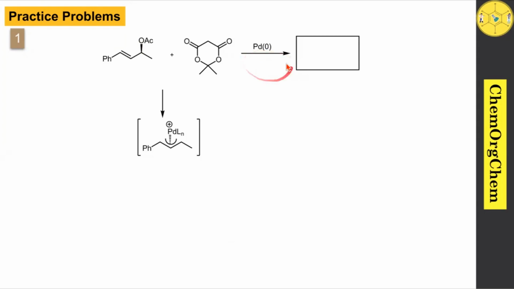Here they didn't mention any base or anything else, so we can assume that this reaction is under neutral conditions. So this 1,3-dicarbonyl compound readily undergoes keto-enol tautomerism, which produces the corresponding enol form. Now this enol form, particularly this carbon, acts as a soft carbon nucleophile, which readily attacks this carbon.